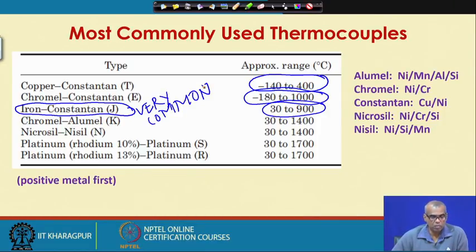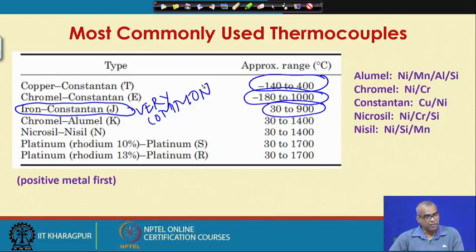Similarly, chromel alumel type K, nicrosil nisil type N, and platinum rhodium platinum thermocouples can be used for measurement of high temperatures as high as 1500 degree Celsius to 1700 degree Celsius.